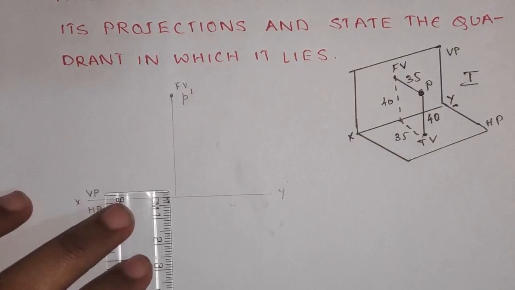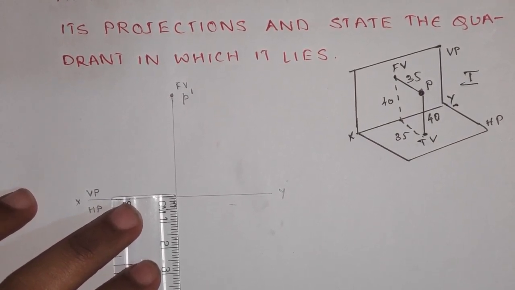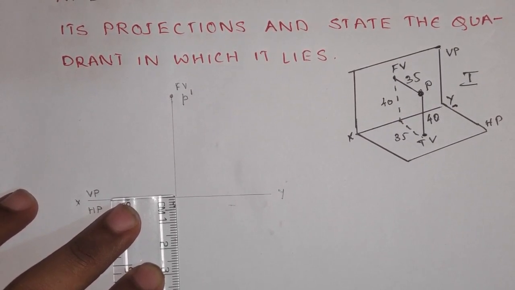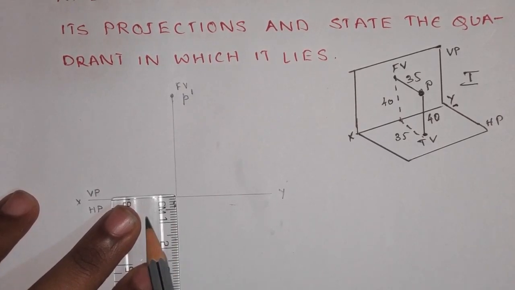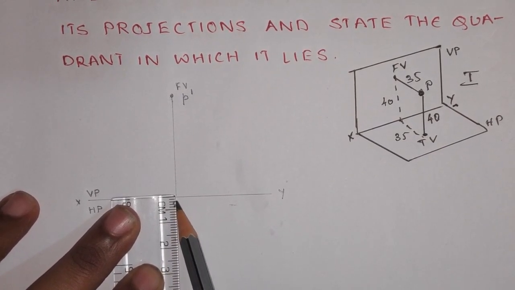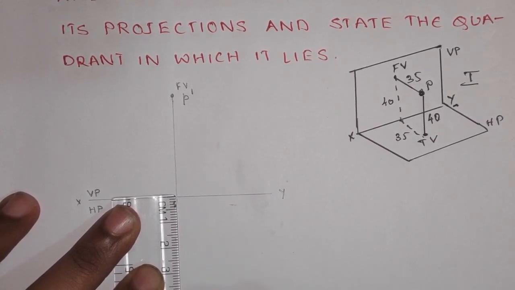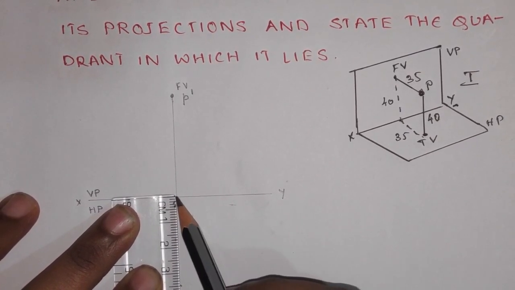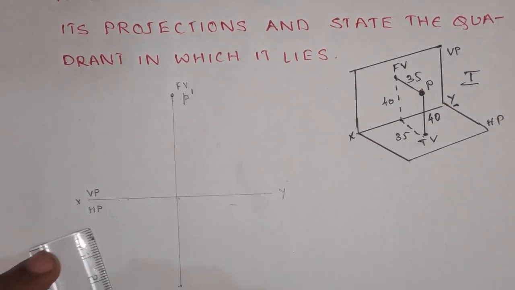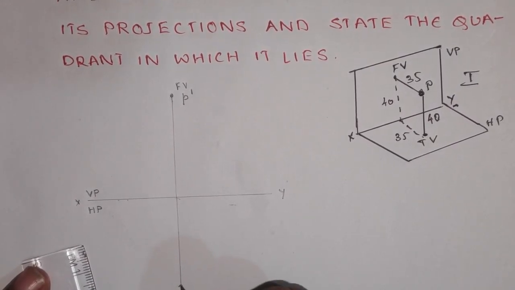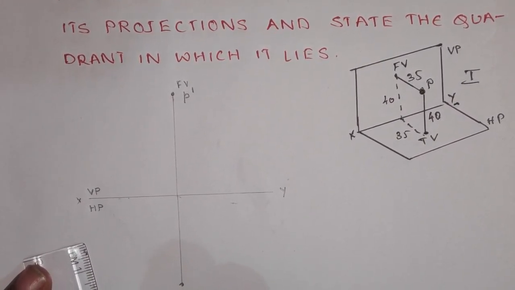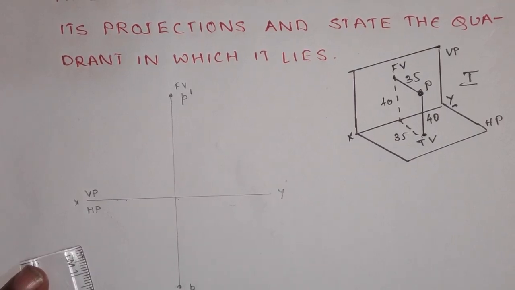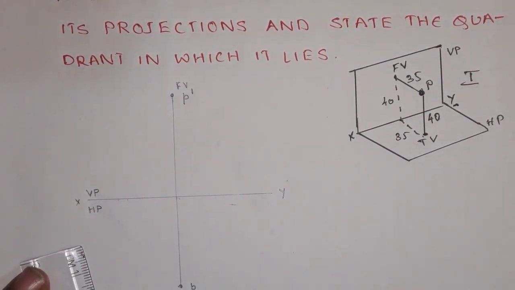From the same point where you have drawn the front view, you align the 0 mm line on the XY line and you draw a line 35 mm below the XY line. You have 10, 20, 30 and this point will be 35. So you draw a thin projection line. This point will be the top view, denoted with a small letter p, because the name of the point is P.